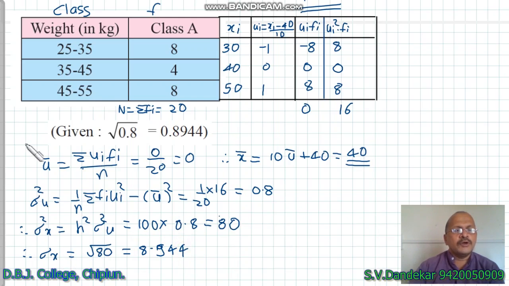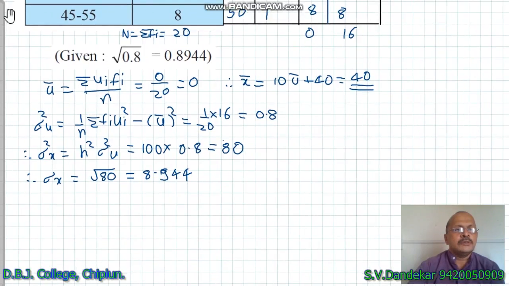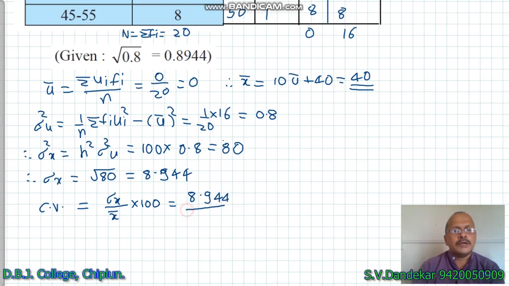We want the coefficient of variation. CV is equal to sigma x upon x bar into 100, that is 8.944 divided by 40 into 100.